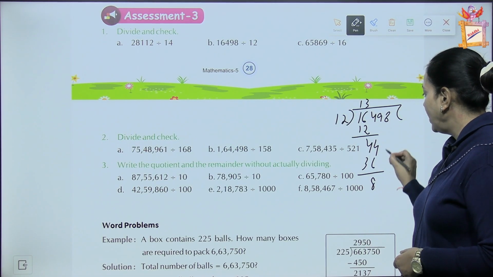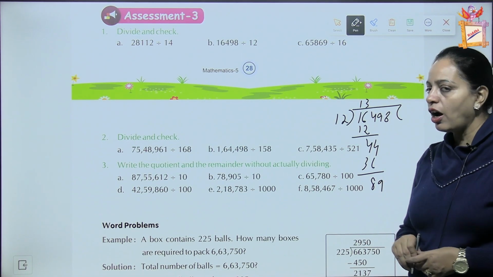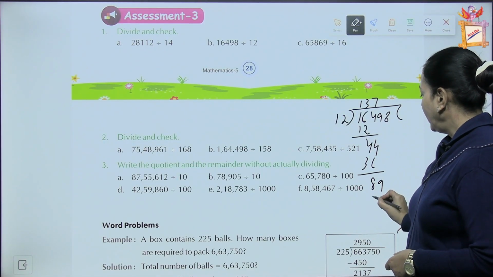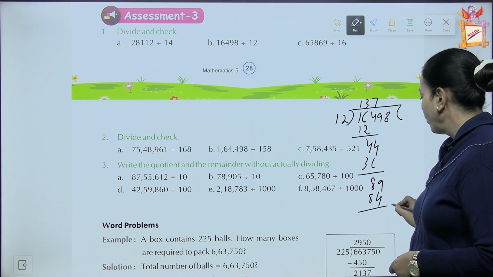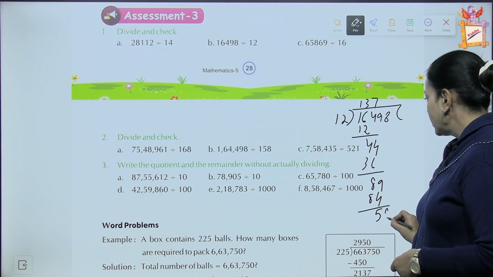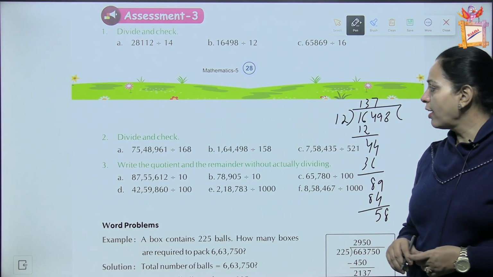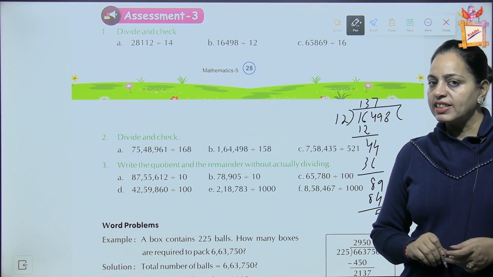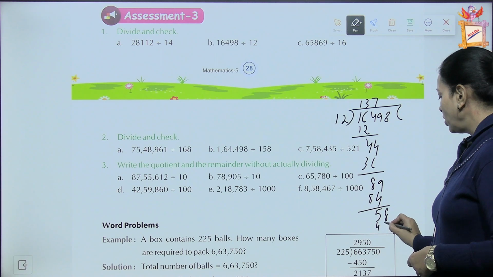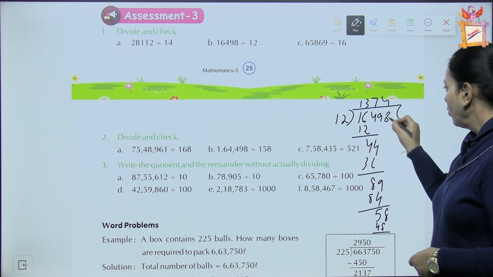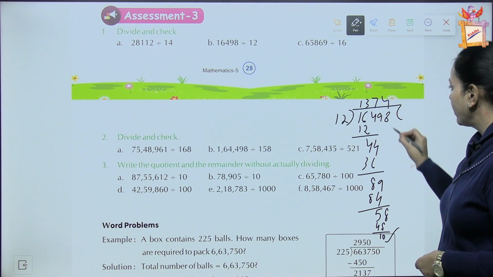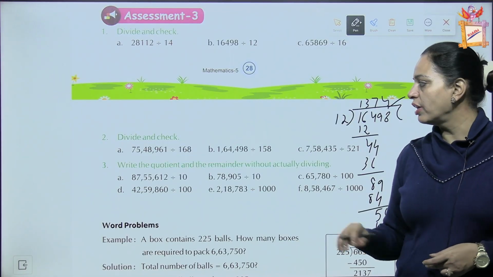Minus, 8, 89. Now 12 sevens are 84. This is 58. Now 12 fives are 60. 12 fours are 48. So here we are getting 10 remainder and this is the quotient.